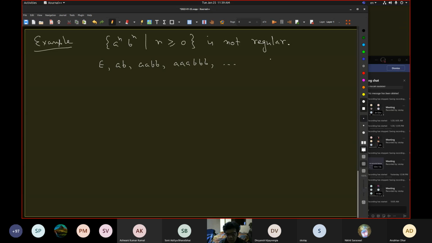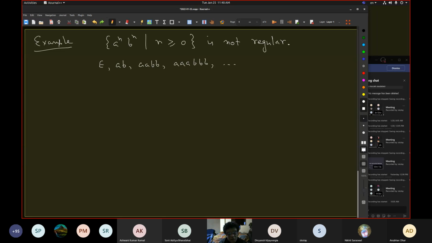It has no external memory. All it can remember is by using its states. And the number of states in any DFA is finite. Therefore, very large counts like this n cannot be remembered using the states alone. Do you agree with me? N can be very large.